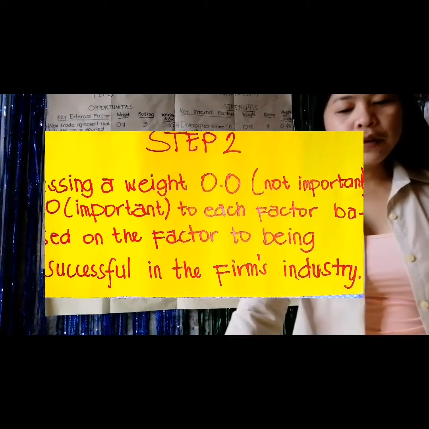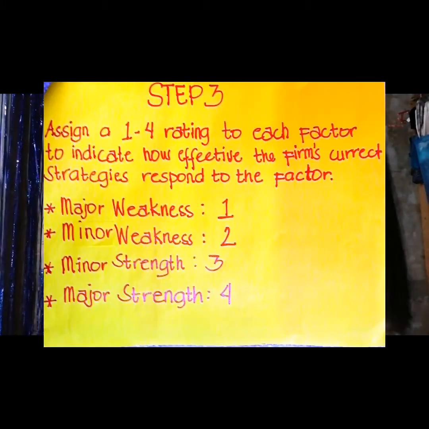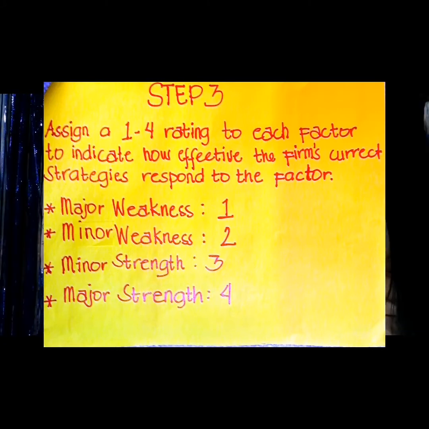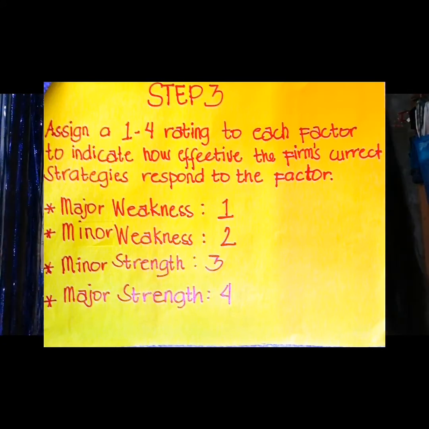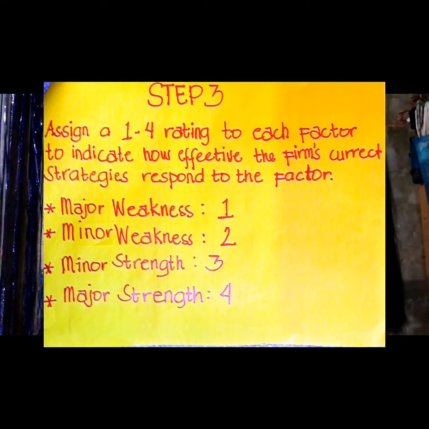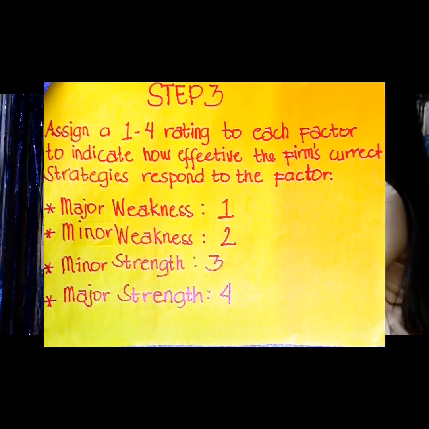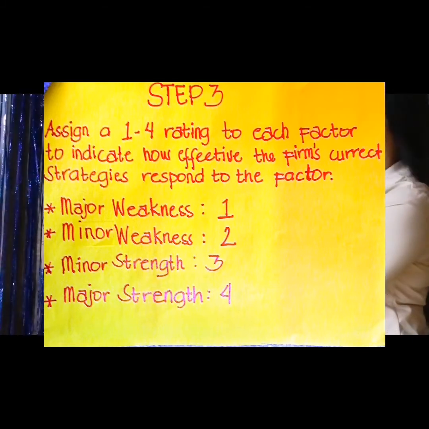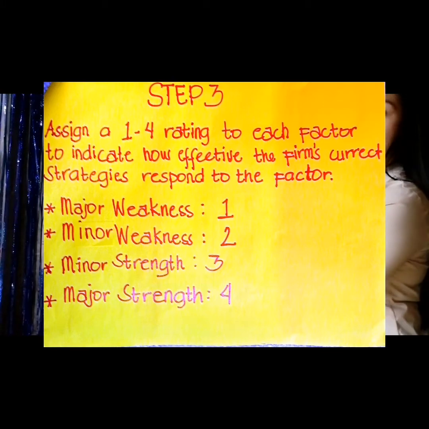For step 3, assign a rating of 1 to 4 to each factor to indicate how effectively the firm's current strategies respond to the factors: a major weakness is 1, a minor weakness is 2, a minor strength is 3, and a major strength is 4.